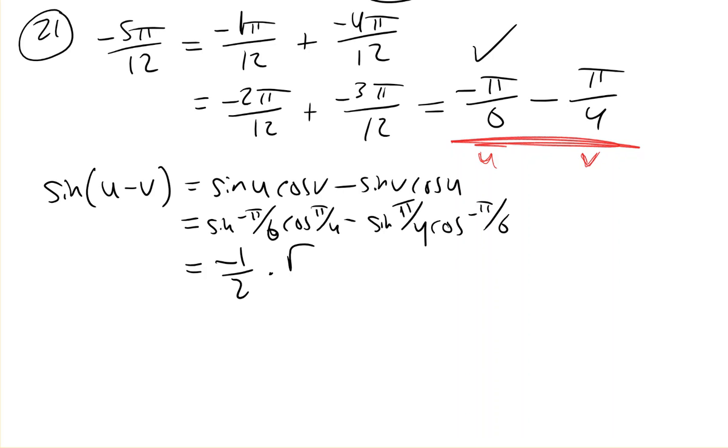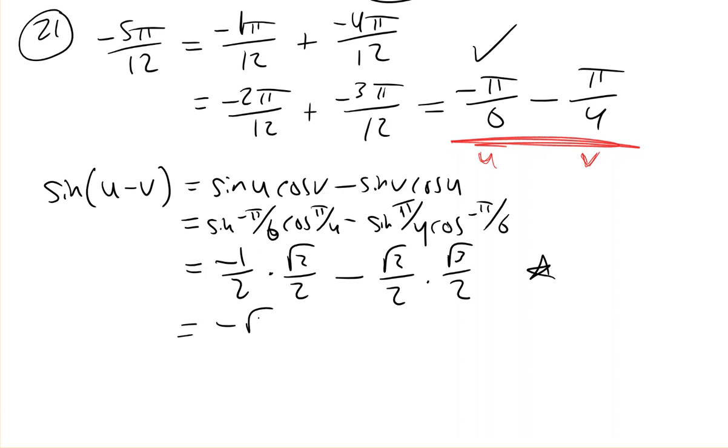Cosine of pi over 4 is square root of 2 over 2. Sine of positive pi over 4 is square root of 2 over 2. And the cosine of negative pi over 6 is square root of 3 over 2. That's a step I'm going to start by. You've got to slow down and probably double check. Easiest place to make careless mistakes, especially when you don't have to memorize the formula.